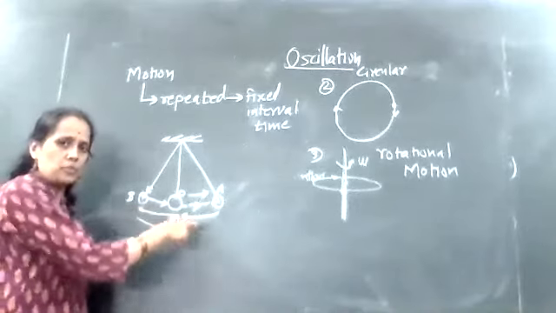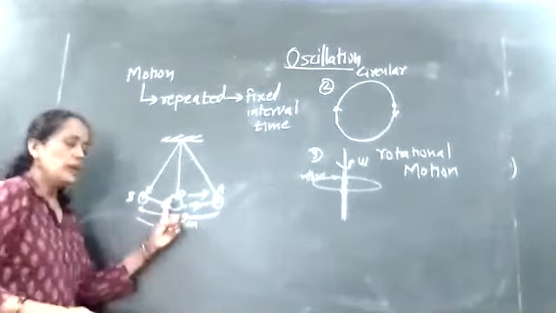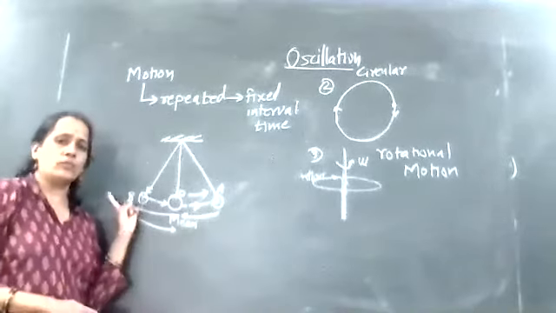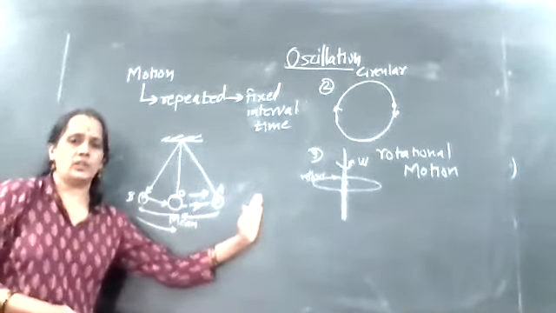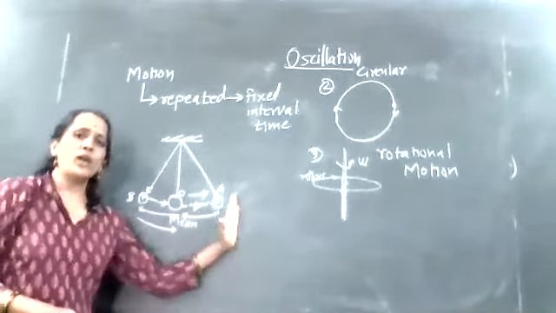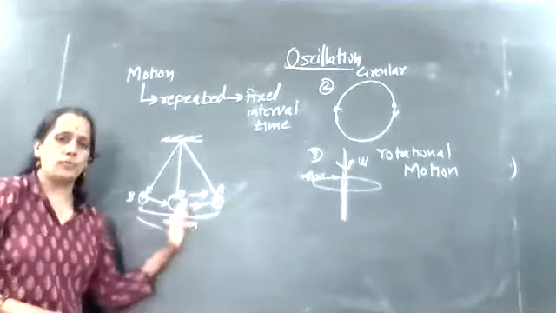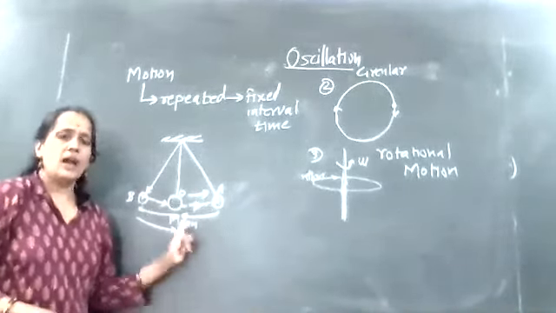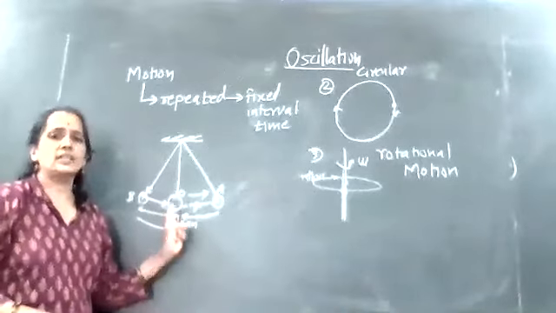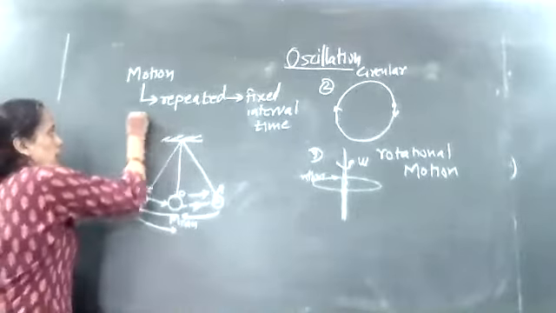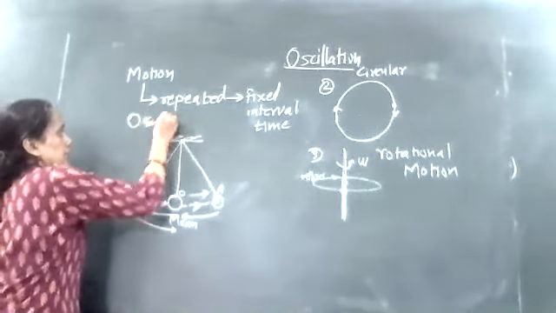So in this type of motion, the pendulum is moving to and fro. To means in the forward direction and fro means in the backward direction. The motion gets repeated after a certain fixed interval of time. That type of motion is called oscillatory motion.